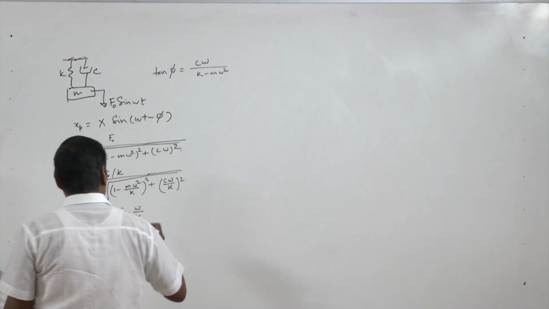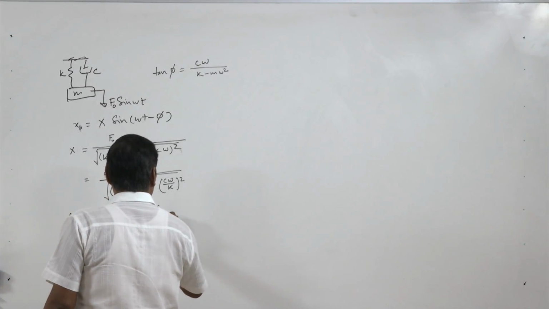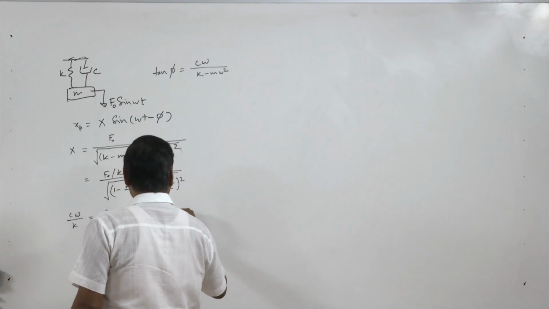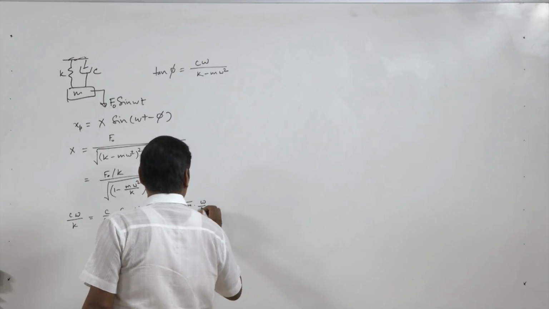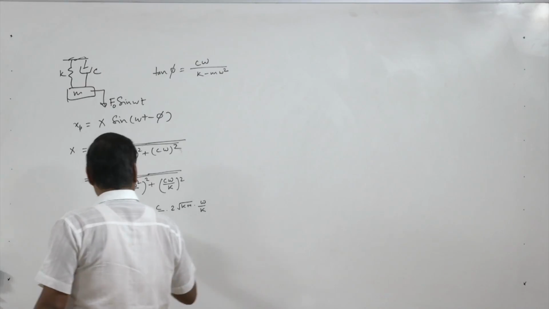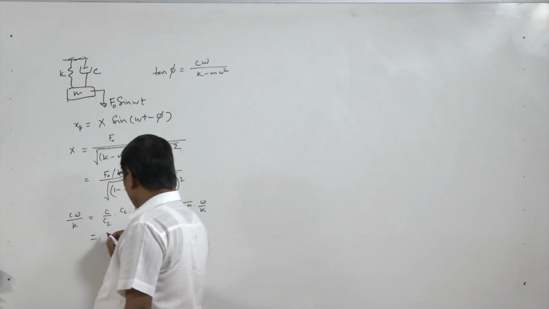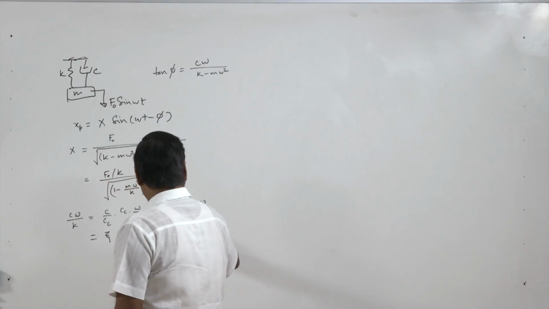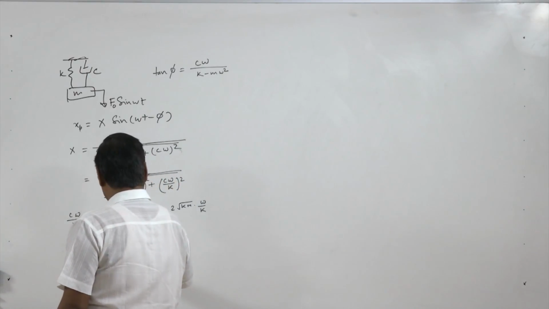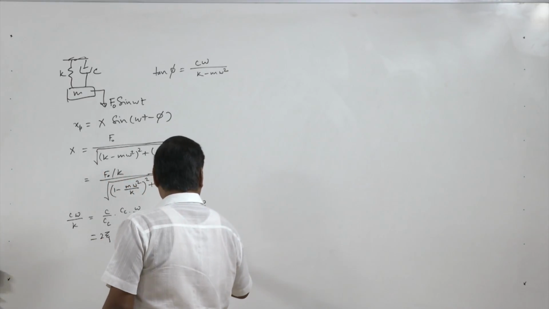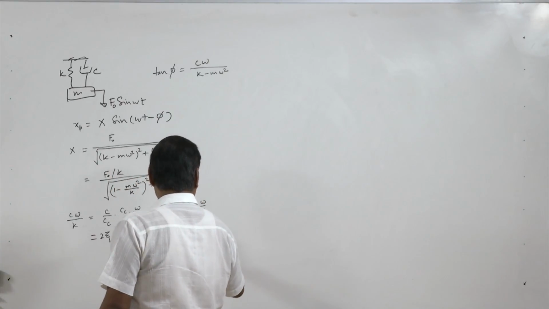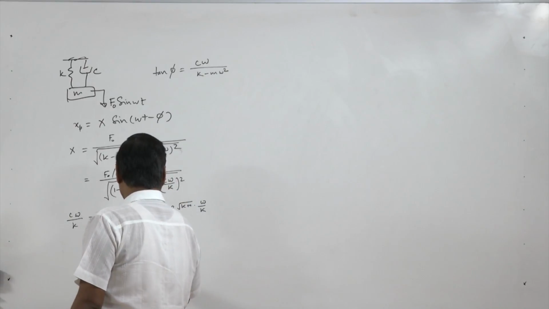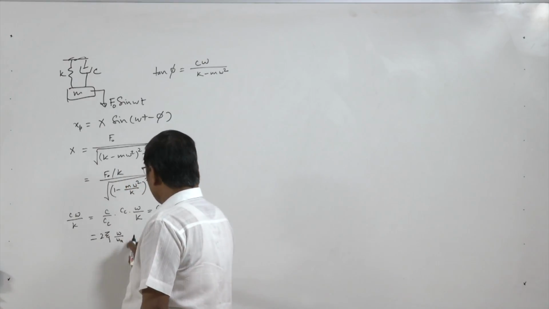So we can write c by cc into cc, which is 2 root k m, into omega by k. So c by cc is nothing but damping factor zeta, and the 2 remains, and omega by root k m gives omega by omega n, where omega n equal to root k by m.